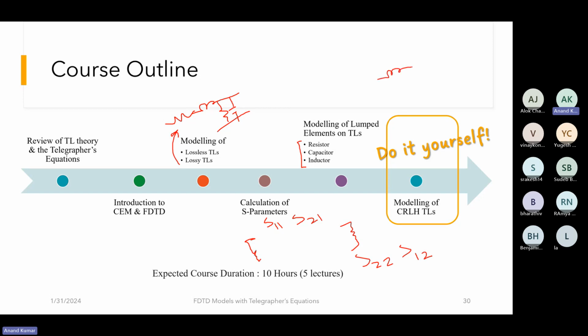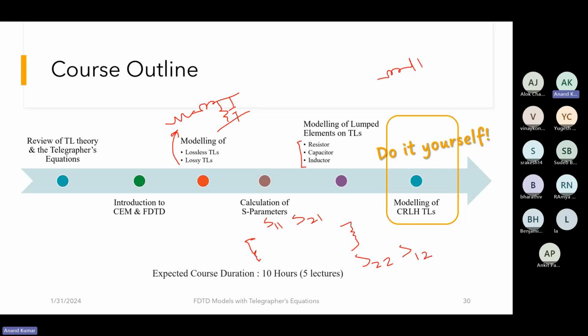And once you are done with that, what you can do is model the CRLH transmission line, where you have an inductor and capacitor like this, and an inductor and capacitor like this. So this is the unit cell for the CRLH transmission line. You have already seen how we modify the KVL and KCL update equations in all the different cases.